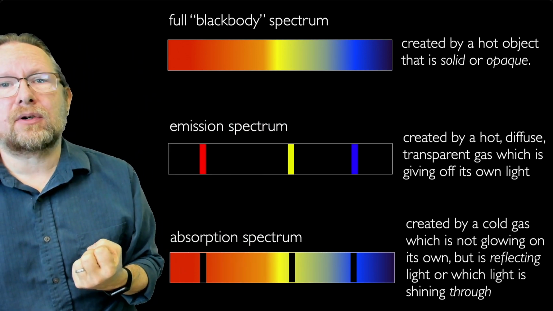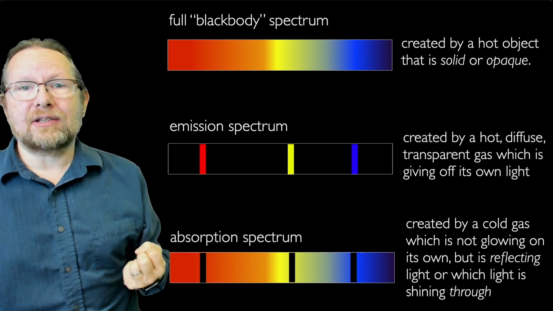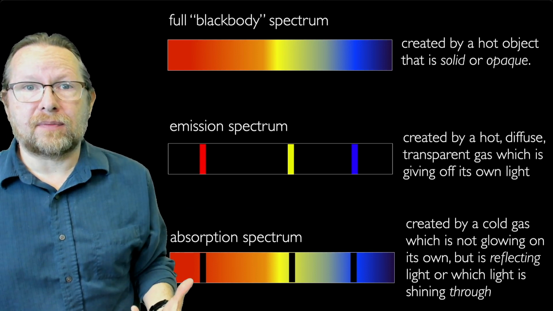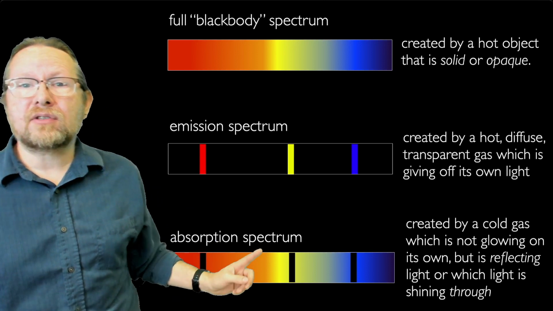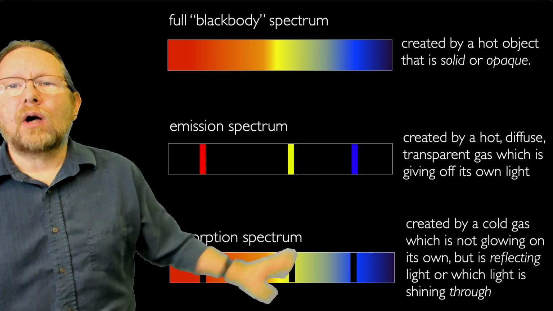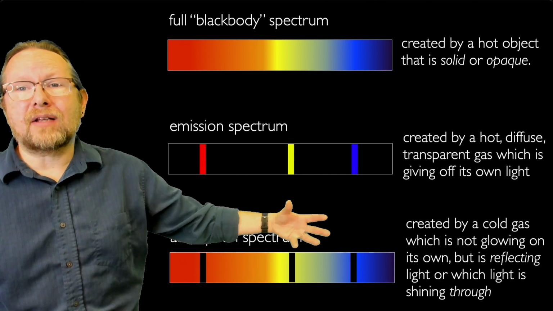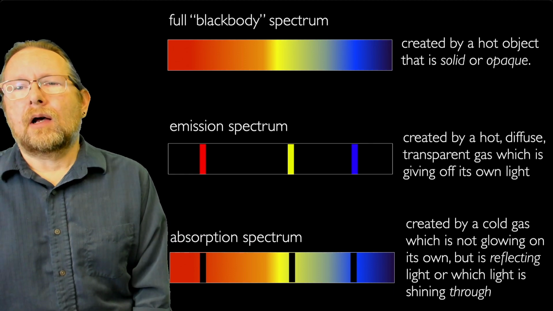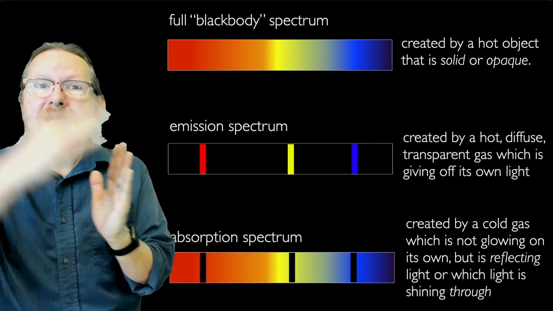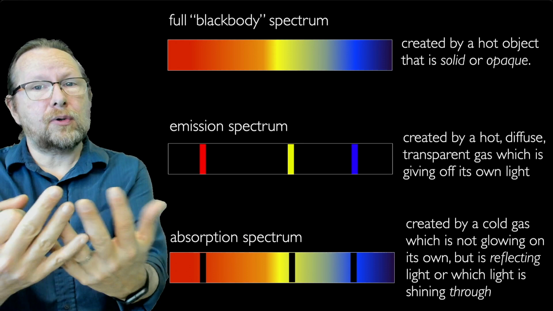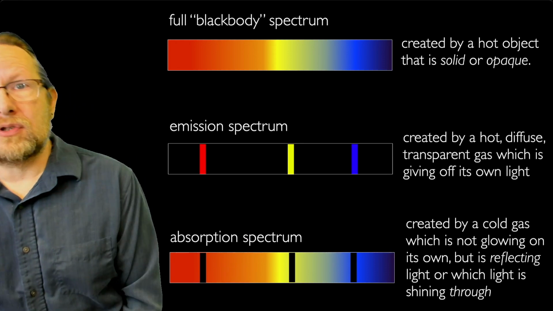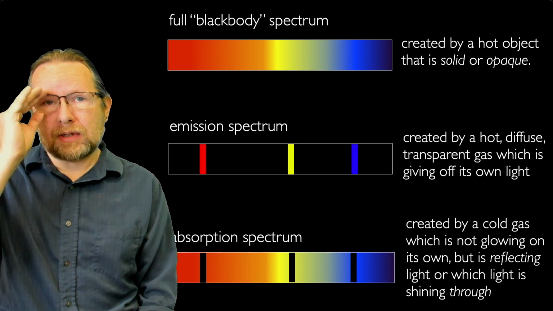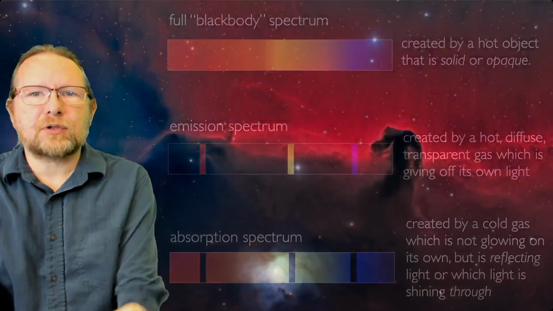We call this spectrum that's interrupted by black lines where the gas has absorbed some of that light of particular wavelengths, an absorption spectrum. So a cold gas which is not glowing on its own, it's not emitting visible light, that is either reflecting light or light is shining through it, we'll see an absorption spectrum. So these are the different kinds of spectra we can see when we look at different types of objects.